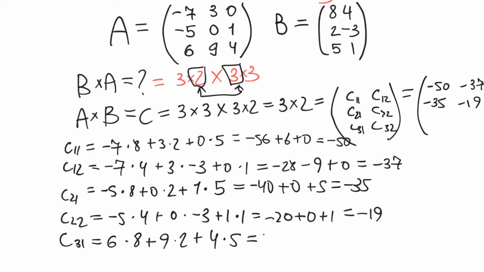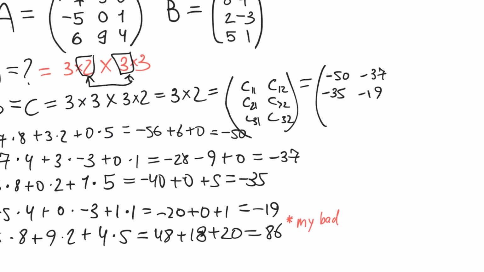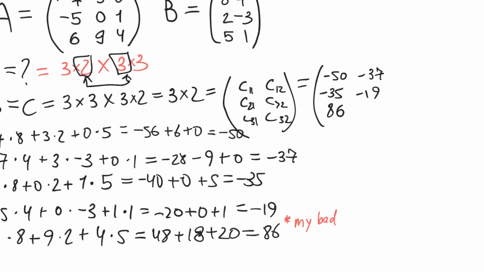That equals 48 plus 18 plus 20, which gives us 84.